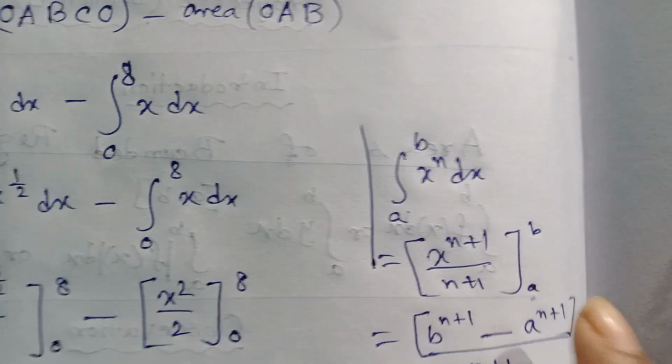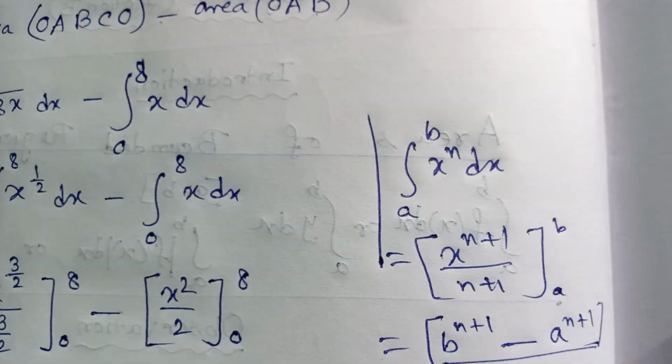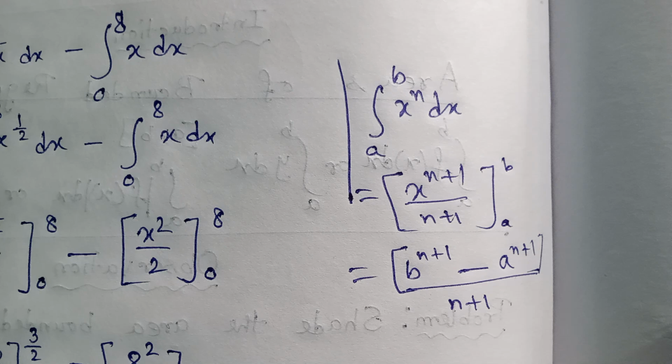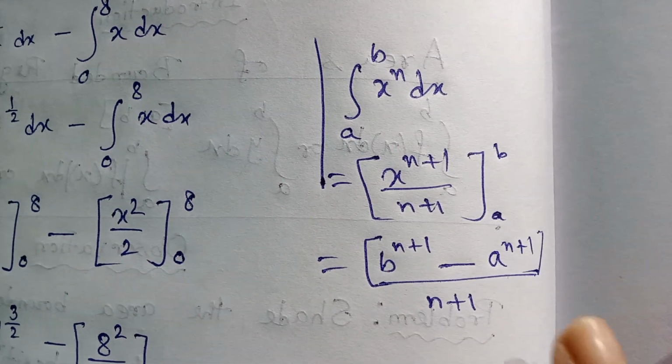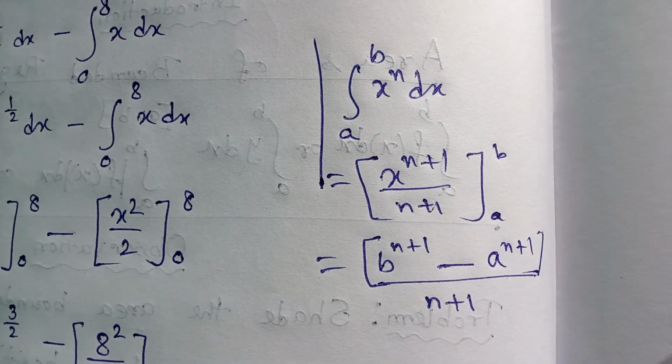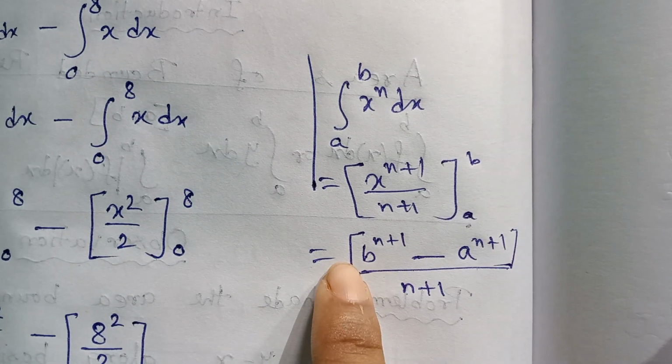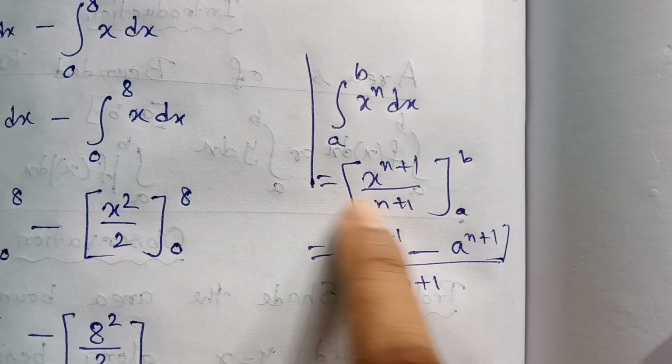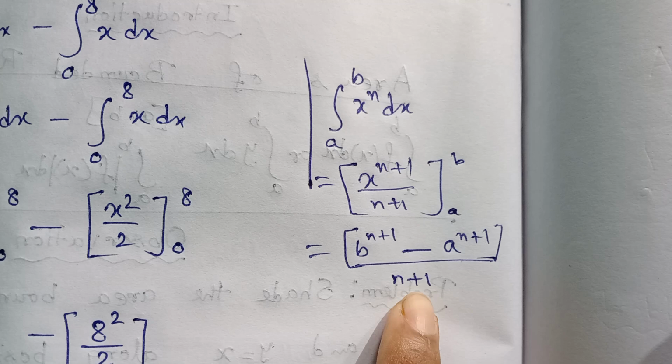Here we have used this formula: integration a to b x to the power n dx is x to the power n plus 1 by n plus 1, upper range b and lower range a. First we have to put the upper range minus the lower range, and in n plus 1 the denominator is a constant term. So by this formula we calculate this.